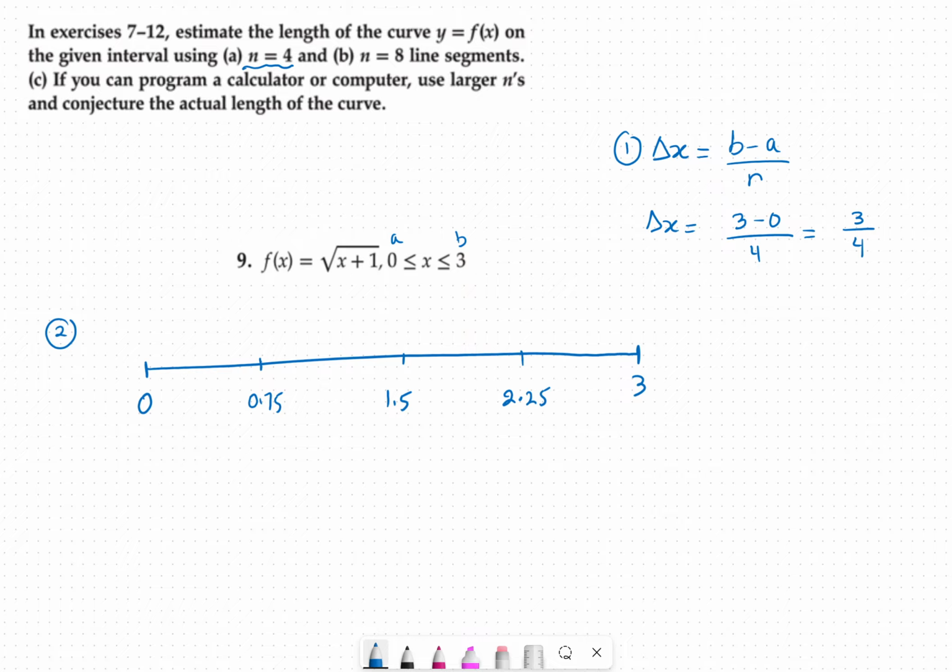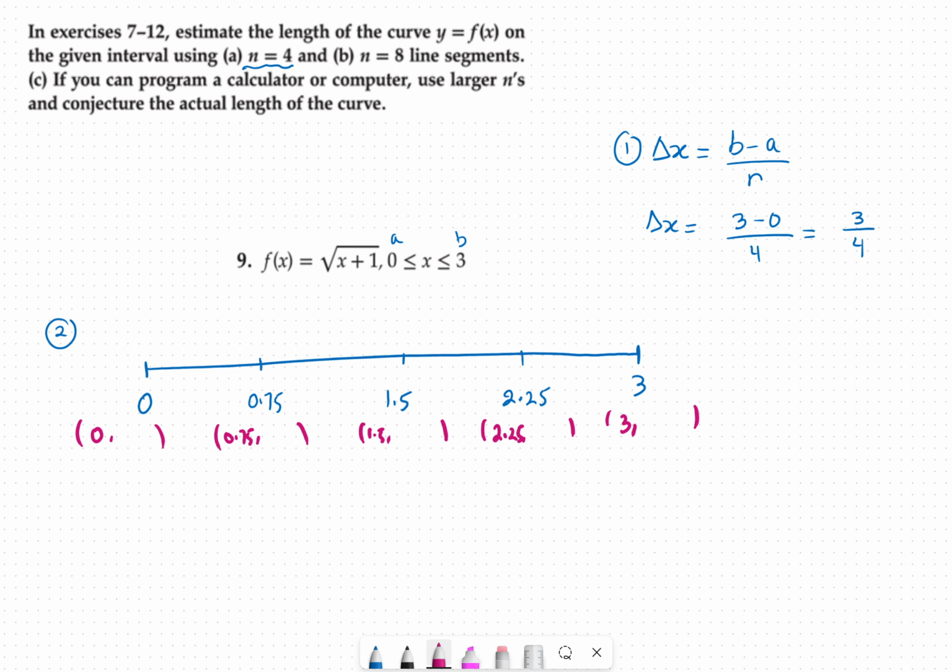Or you can keep them as a fraction. It really doesn't matter. Now you go to each point. You will open brackets under each one of these, and then you will need to find the y. These points 0, 0.75 are the x. They are the x coordinate of the point.